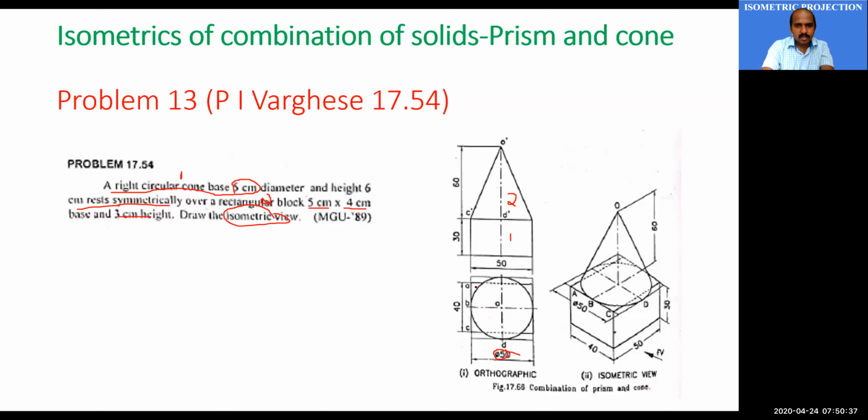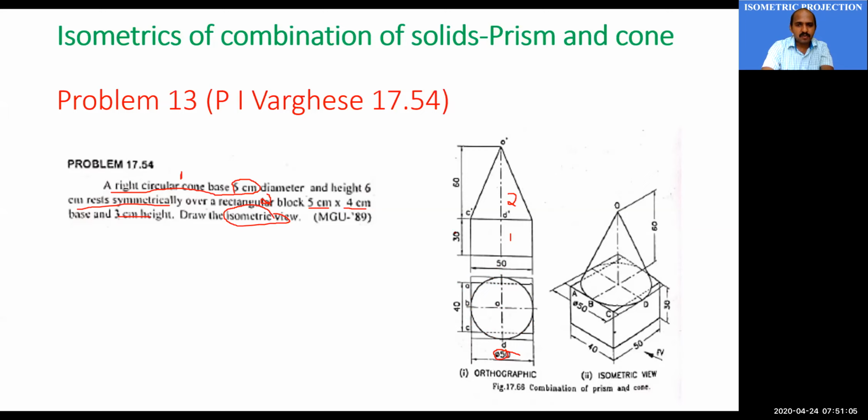Above that, the circle represents the top view of your cone, with diameter equal to 50 mm. On this side it is inside the rectangle, because the length of the rectangle is 50. But here it is outside, because here the length is only 40.